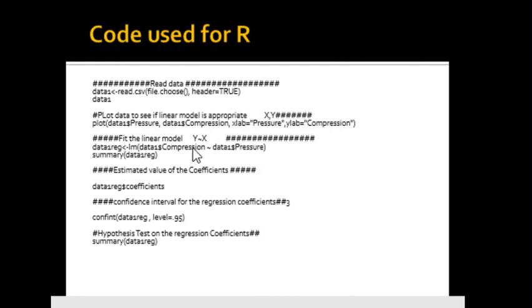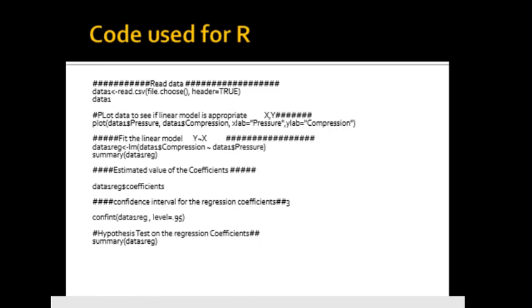Remember this is y versus x, and the summary of data 1 reg will give the output that we were seeing earlier. If you want to create a confidence interval, you can use the function confint and then bring this data 1 reg here and choose the level. Also for this, there is a video for regression that is again posted in Blackboard. Make sure you watch that video also.